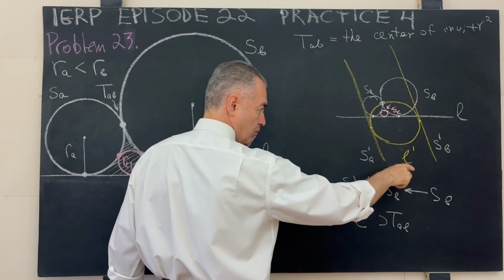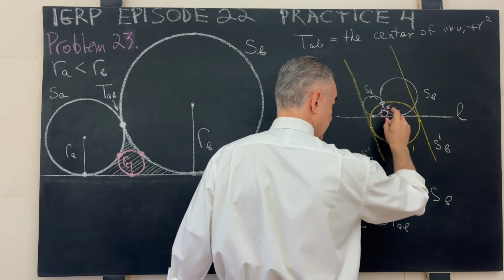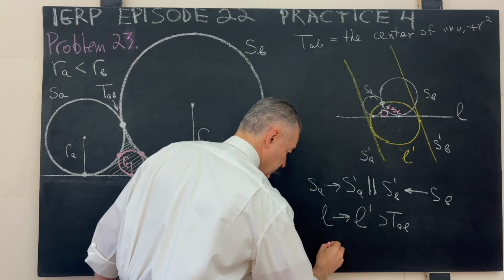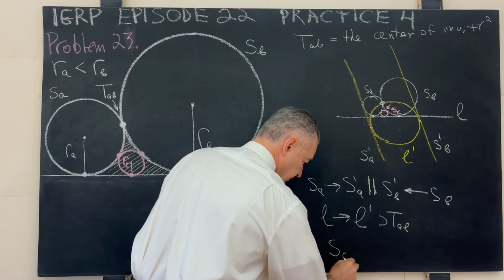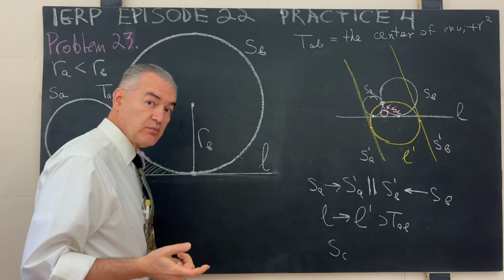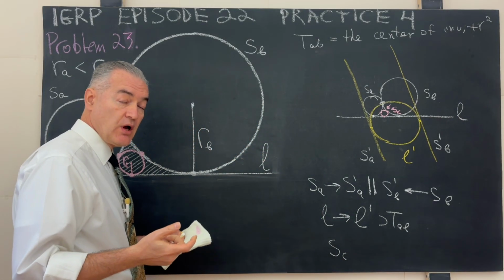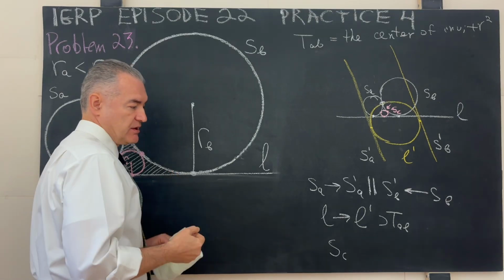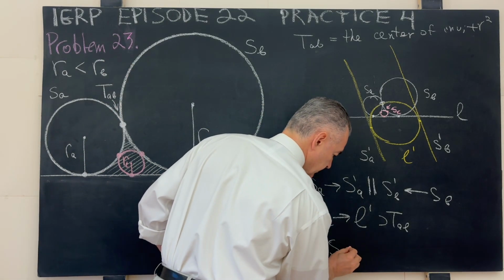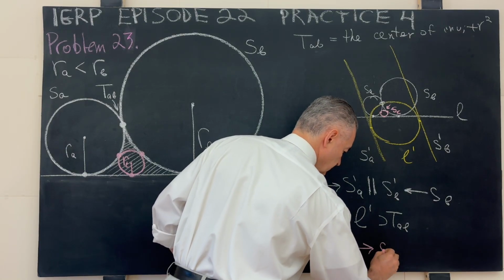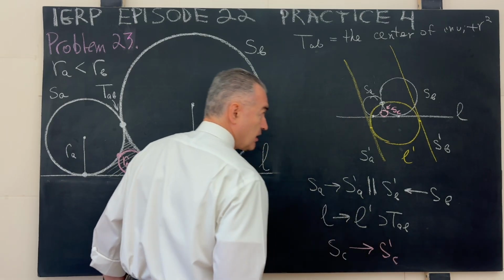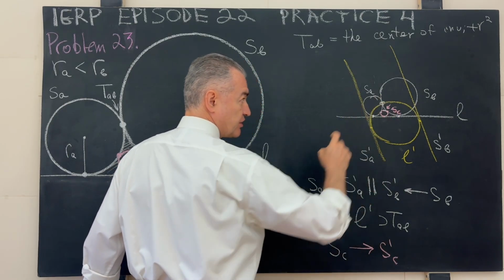Here we want to go on this side, and that means that the image of the circle, our circle SC, which we temporarily assume has been constructed, we do not know how yet, will be taken into another circle, S prime C, because that circle does not pass through the center of inversion.